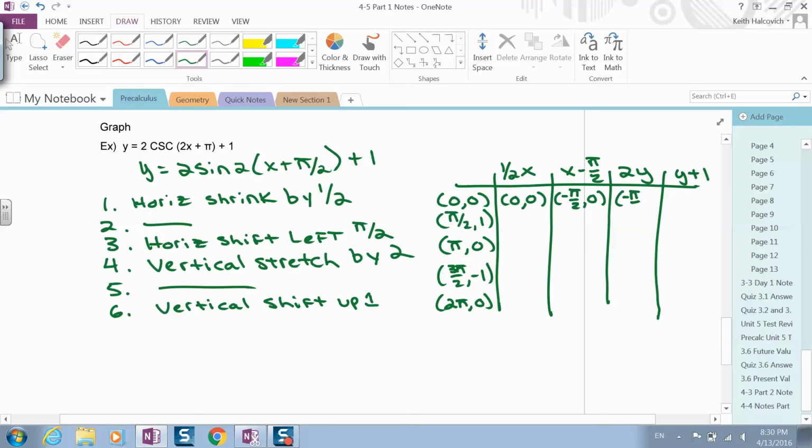Then multiply the y by 2, still gives you 0, and then you add 1. 1/2 of pi over 2 is pi over 4, minus pi over 2 gives you negative pi over 4, and then times 2 gives you 2, and then plus 1 gives you 3.